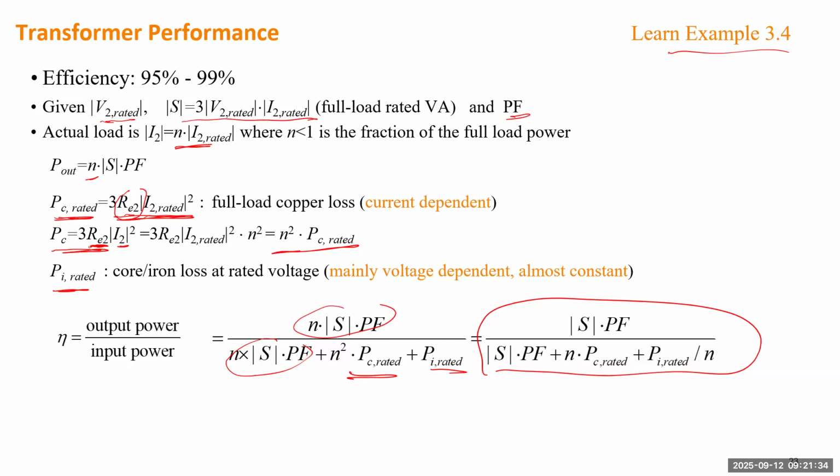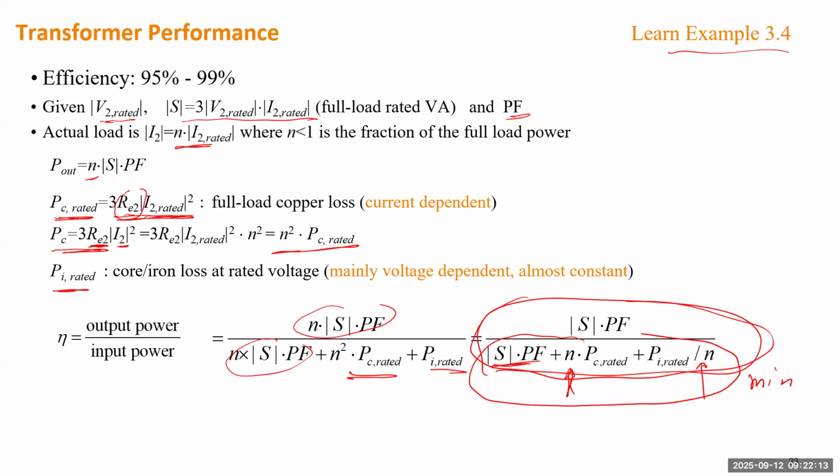If you want to figure out the highest efficiency the transformer can operate at, you want to maximize this expression, which is equivalent to minimizing the denominator. Since the apparent power and power factor don't change, the only thing to change will be n, right? So n appears in the last two items, multiplying the copper loss and dividing the iron loss.